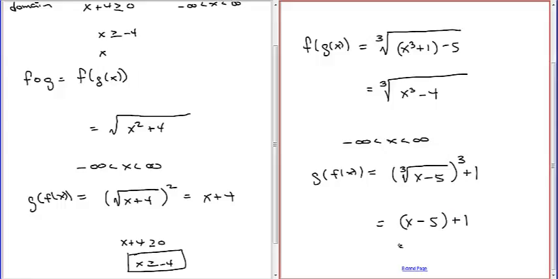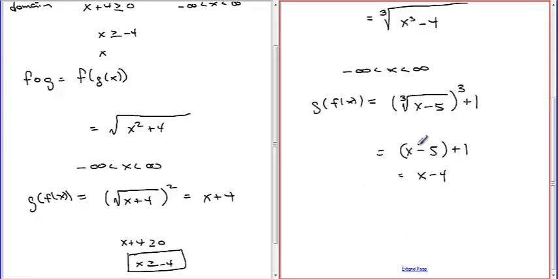And so that simplifies down to x minus 4. So that's f of g of x. But again, going back here, you look at the domain, and the domain was from negative infinity to positive infinity, so in this case, it's still all real numbers. It's true here and it's true there.